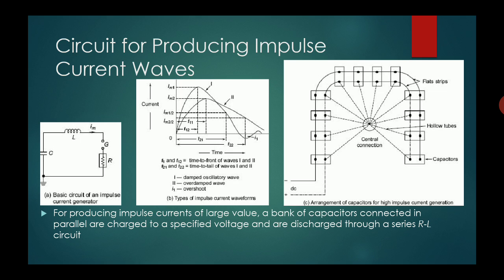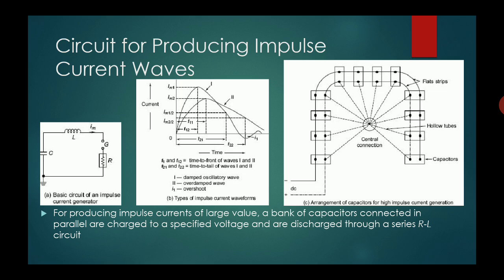Okay. So what about the circuit producing impulse current waves? It is given by the circuit on the extreme left. Again it is an RLC circuit. Now the impulse current shape is given on the graph in the middle.